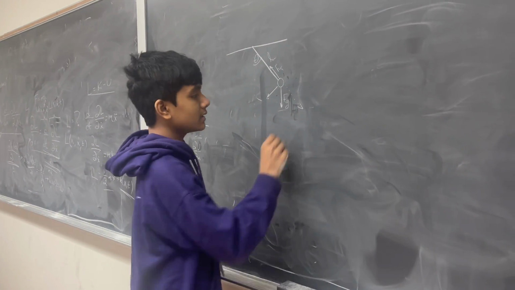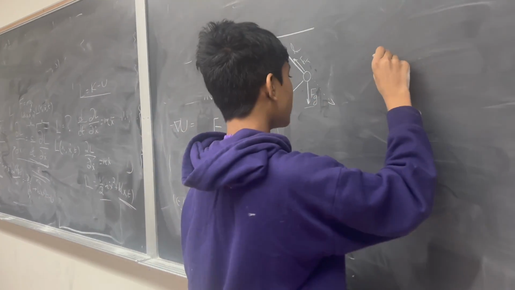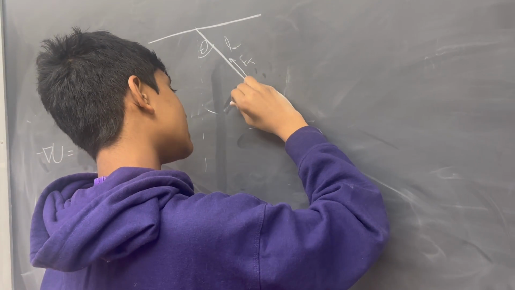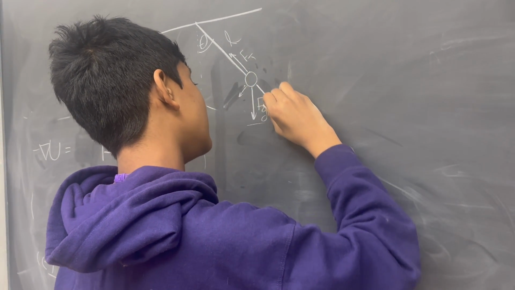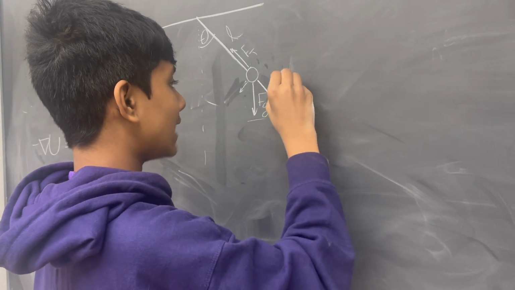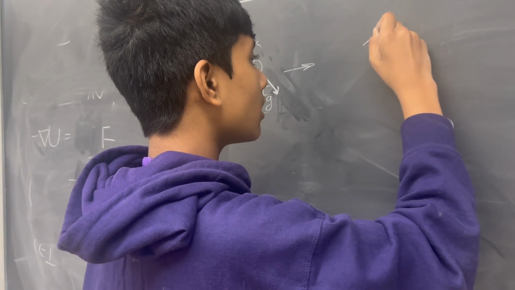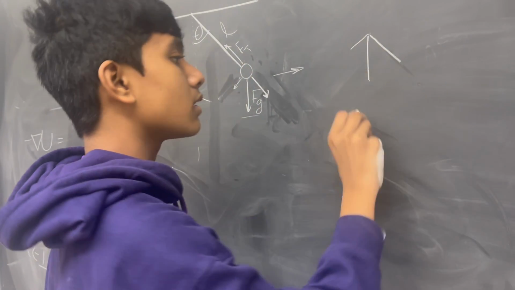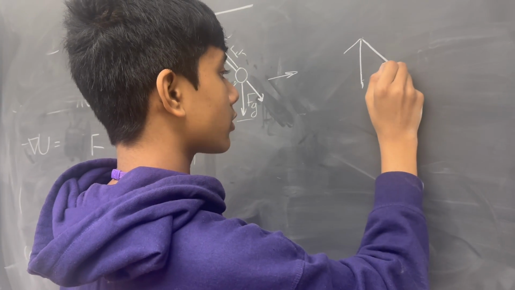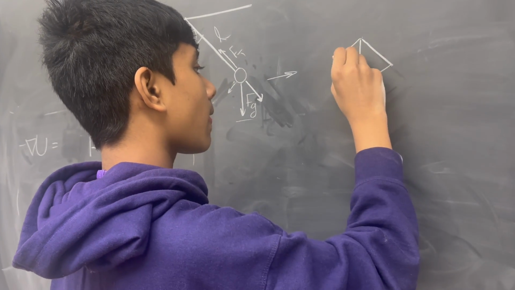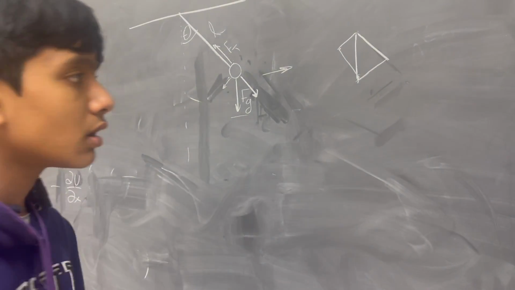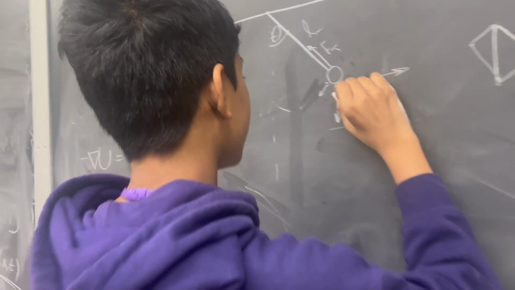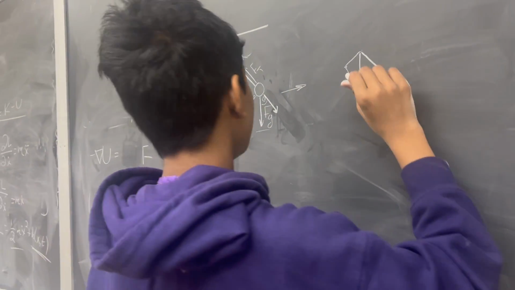So, let's see. This fella right over here is what? This is actually way too big to be to scale. So, it would be something more like this. So, as you can see, we have the makings of a right triangle. It's not perfect, but of course, we already know that this angle right here, by interior angles, is the same as this theta.